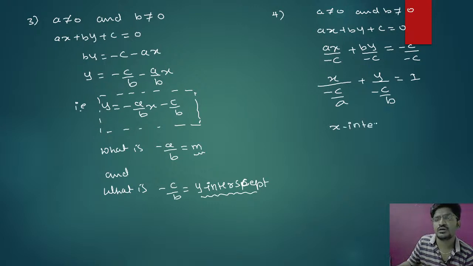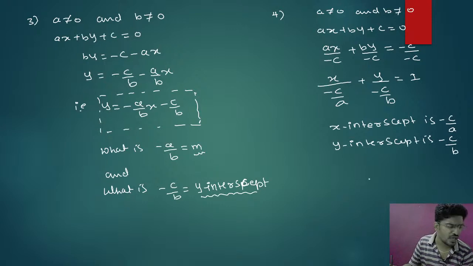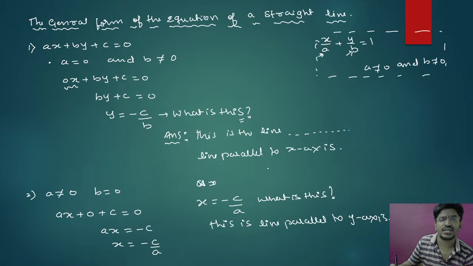Now you can tell, x-intercept is minus c by a, and y-intercept is minus c by b. Previously, some of you were telling that y equal to minus c by b is y-intercept.